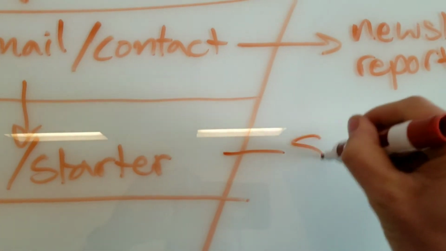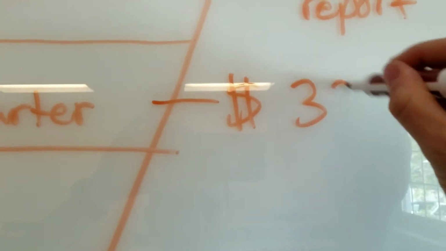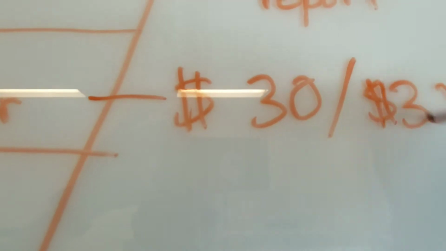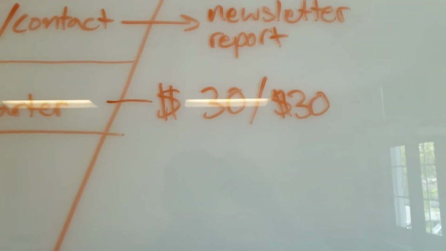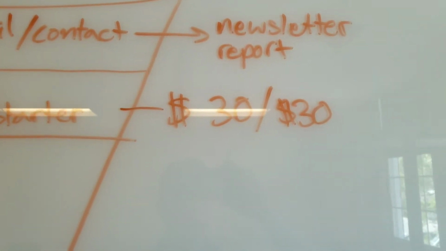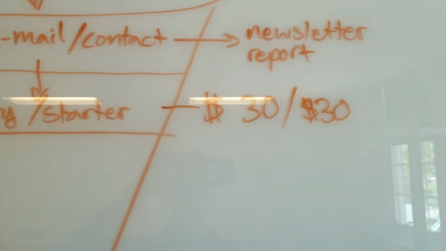So the price here is going to be low. You may do something like 30 days for $30 gets you in some sort of program. Maybe you're doing a group talk, or you have a series of lectures that you've recorded, and you get that person into that program and you let them go.